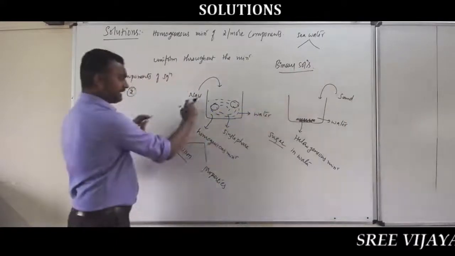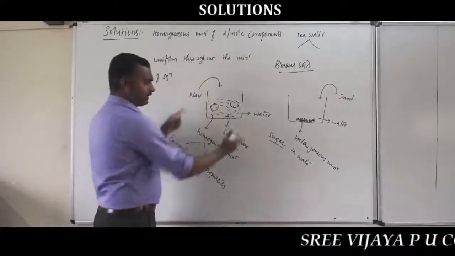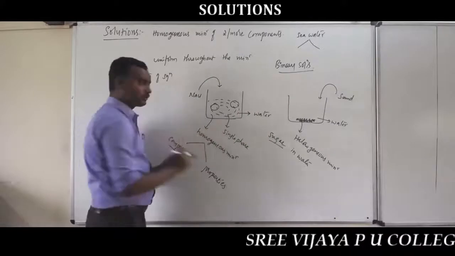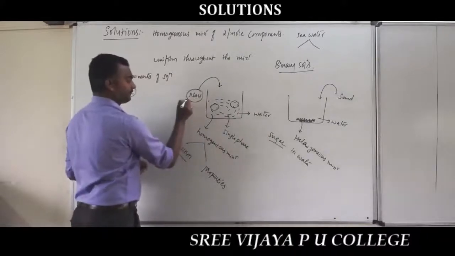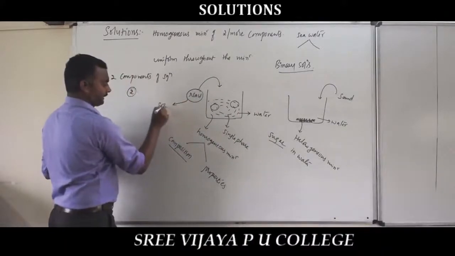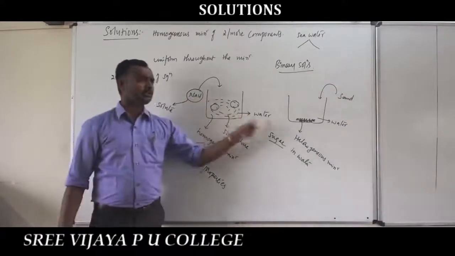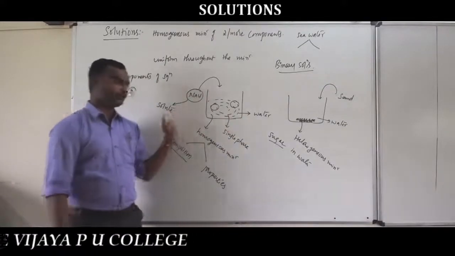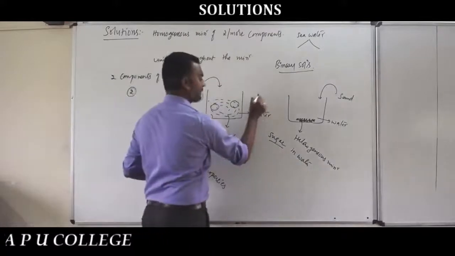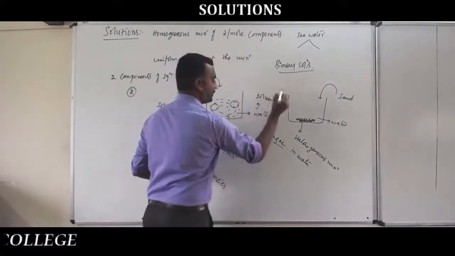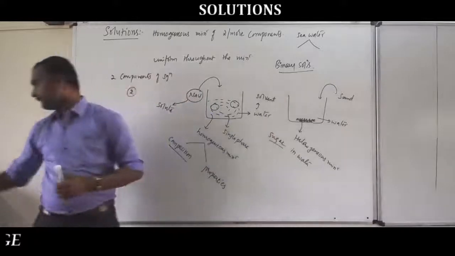So NaCl dissolved in water is a binary solution. One of the components is called a solute. Here in this binary solution, NaCl is taken as solute and water is taken as solvent. Then what is meant by solute and solvent?